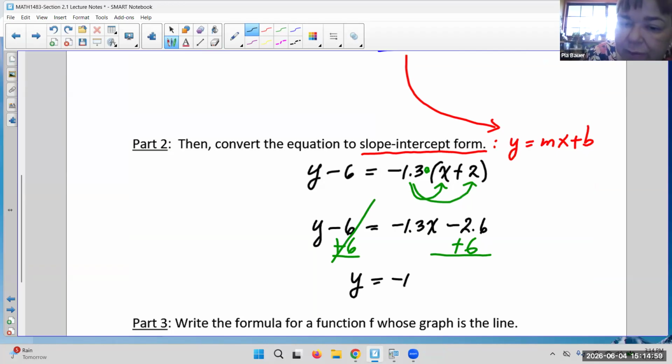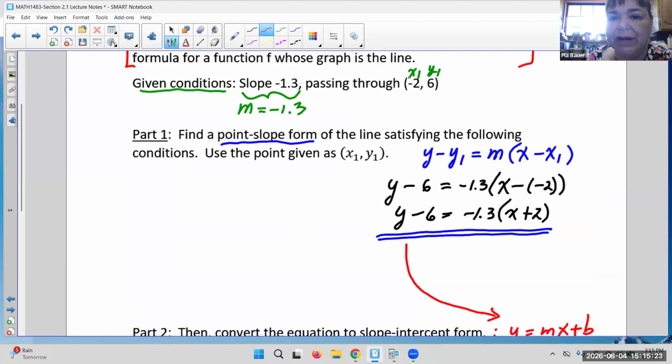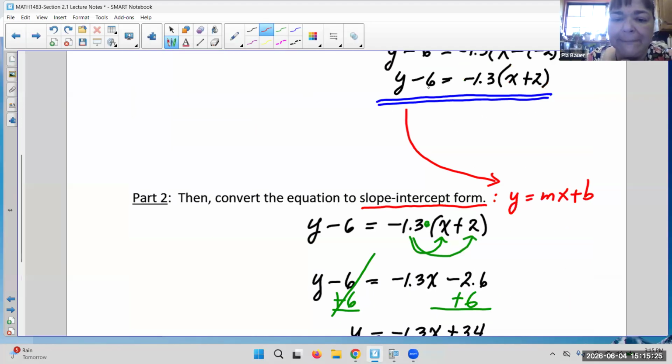Here we have negative 1.3x, and I have negative 2.6 plus 6, and that's going to give you plus 3.4. And this is what we call the slope-intercept form of the same line. The line that has a slope of negative 1.3, and it goes through the point negative 2, 6.